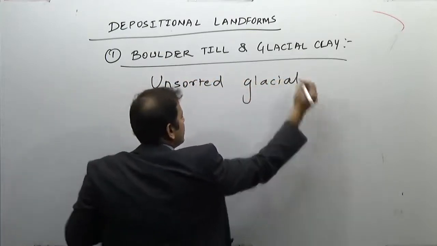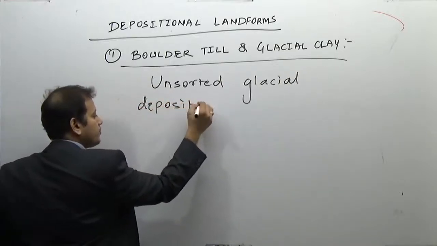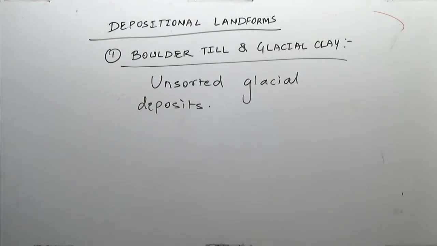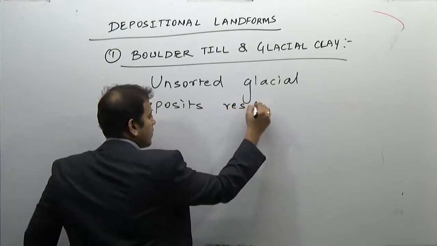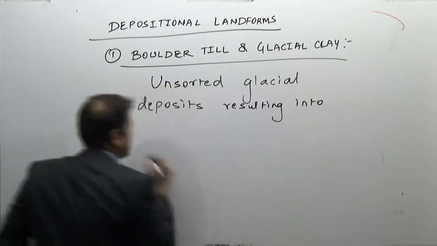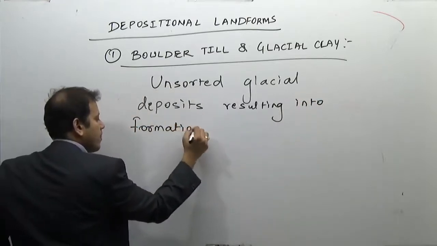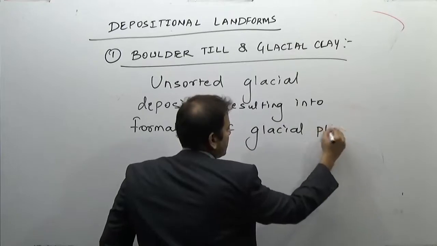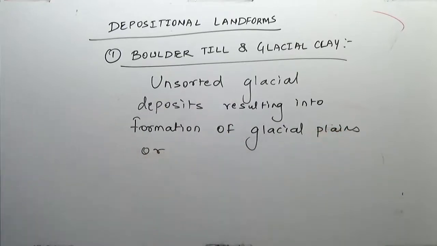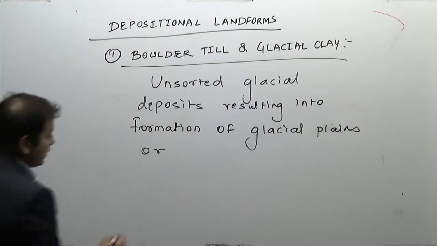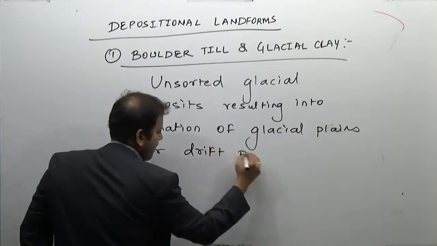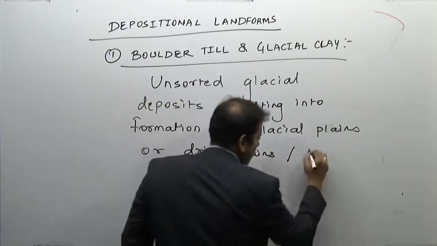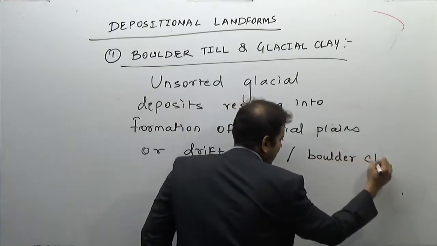These are unsorted glacial deposits. Unsorted glacial deposits, resulting into formation of glacial plains, or drift plains, or boulder clay plains.